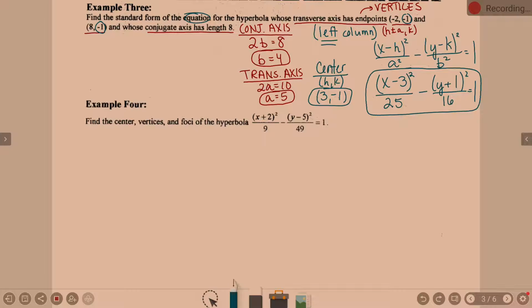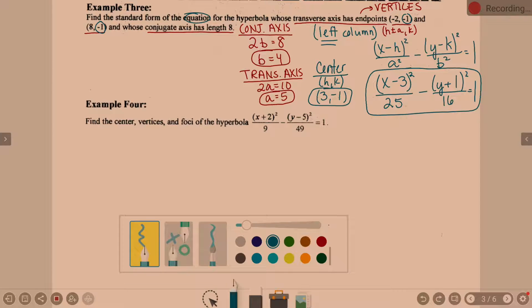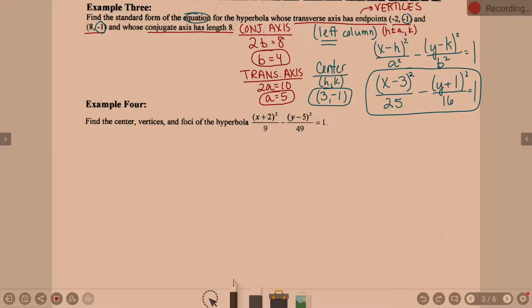Now, I do want to take a moment and look at the graph version of this.